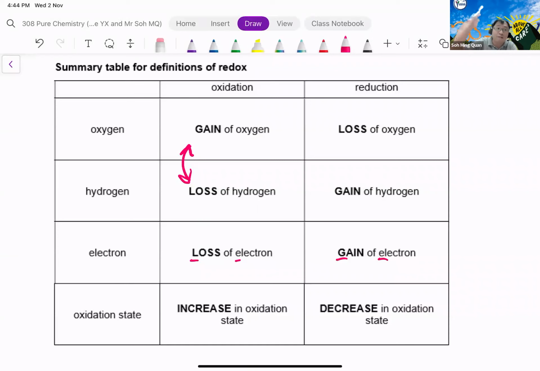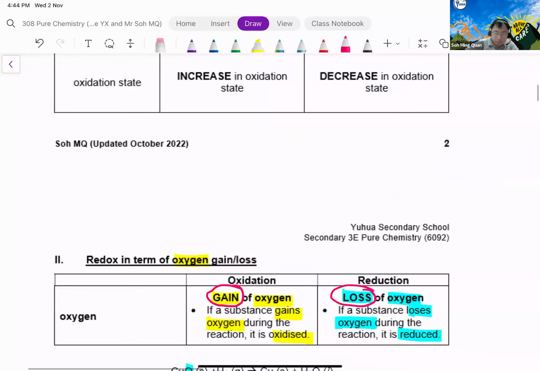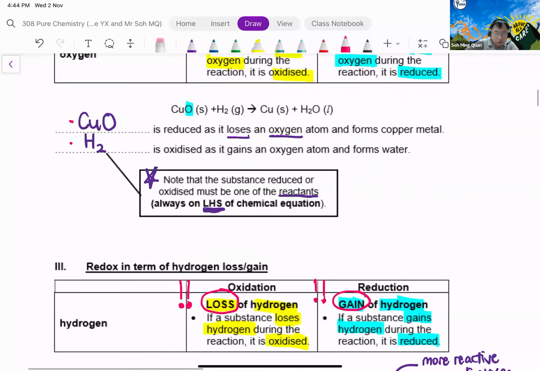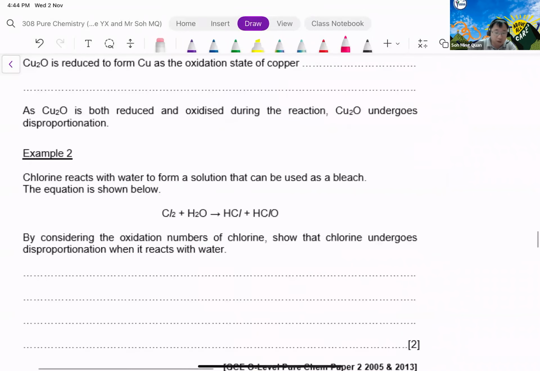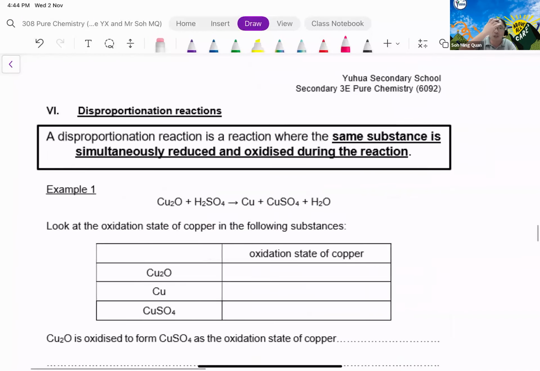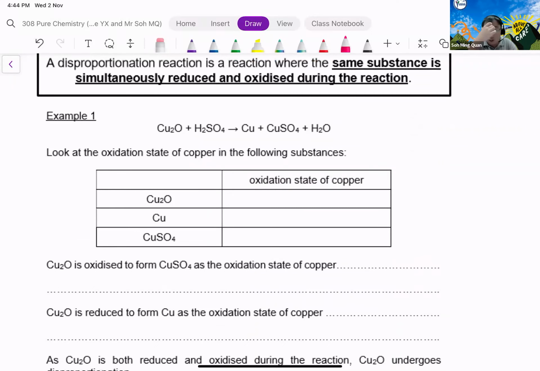You should be able to do everything until page 11 already. Now tomorrow, I do intend to finish up redox. So tomorrow we will basically start with this page 12. We'll talk about disproportionation. Now, disproportionation is not directly part of your syllabus, but you do notice that it comes out very often in other school prelims as well as in the O levels.